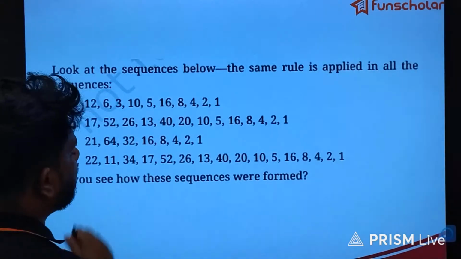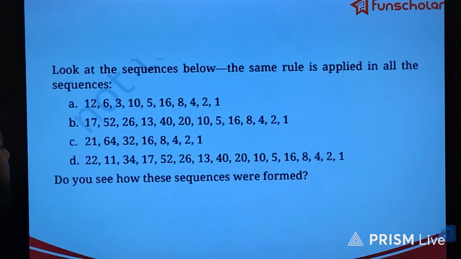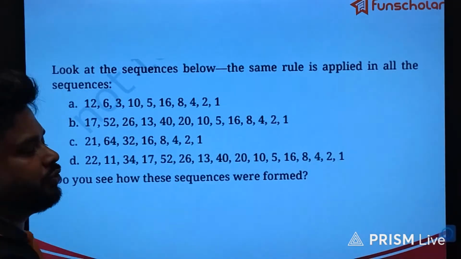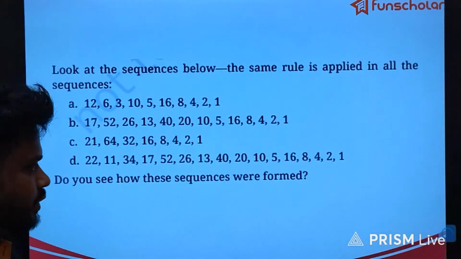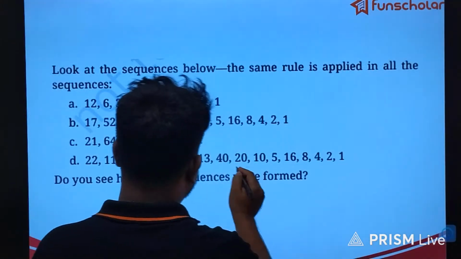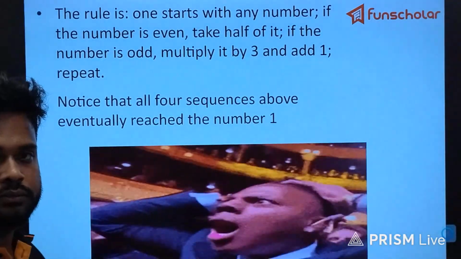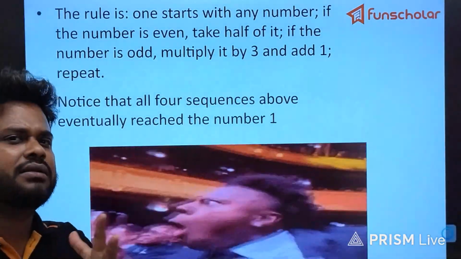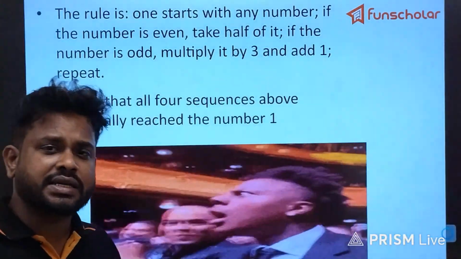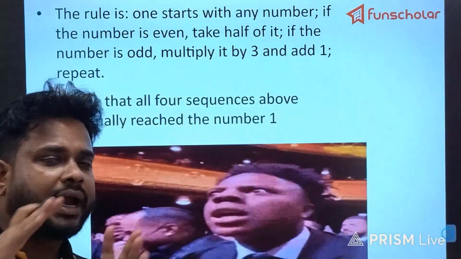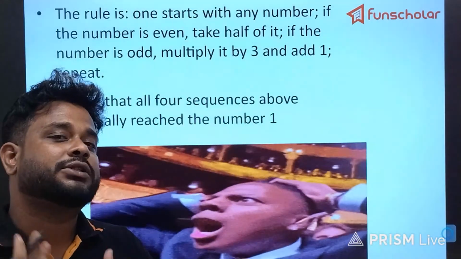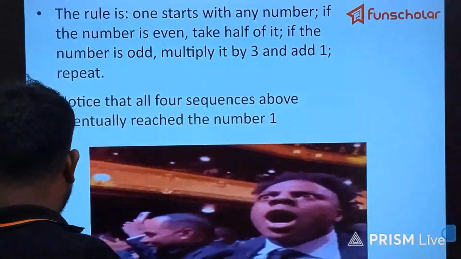Then again take half, we get 17. And then again multiply by 3 and add 1, that will be 52. So this is another pattern. The previous one is also a pattern and this one is also a pattern. Okay, so you guys can check your exercises and you will get so many types of patterns, and if you practice this, it will be very much fun to do. Okay, the next one.